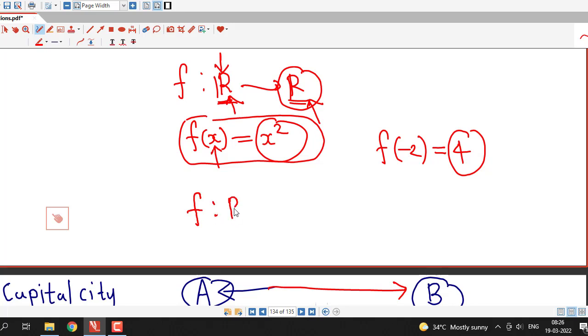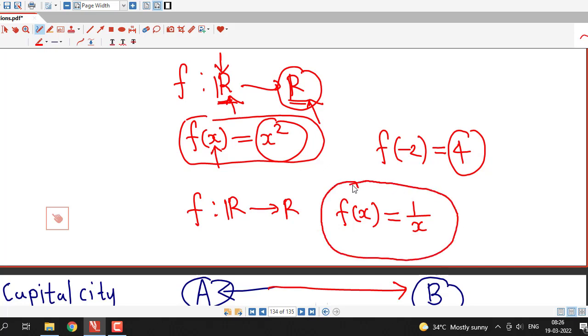Now if I consider f from R to R defined as f(x) equals 1 by x, observe that for x equal to 2, the image of 2 will be 1 by 2. Similarly the image of 3 will be 1 by 3.